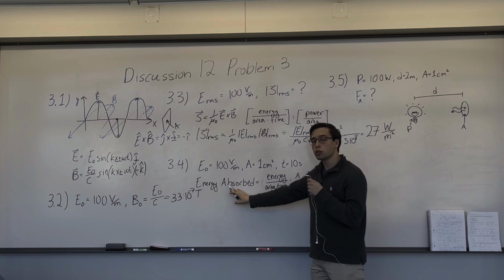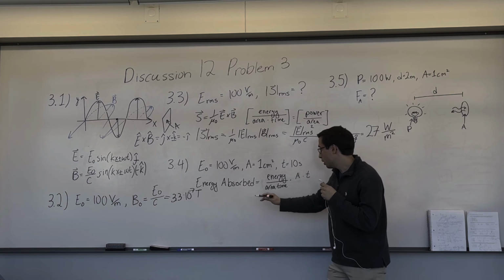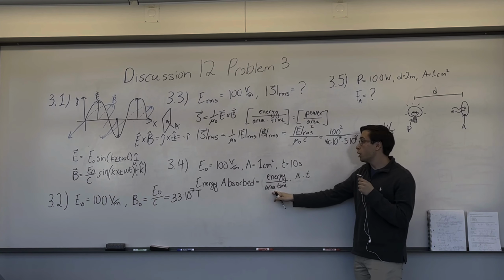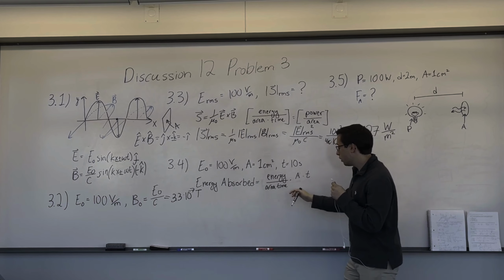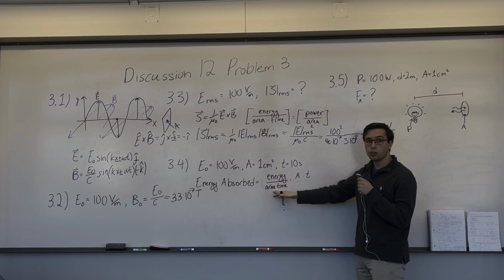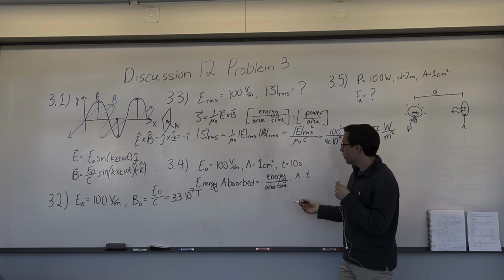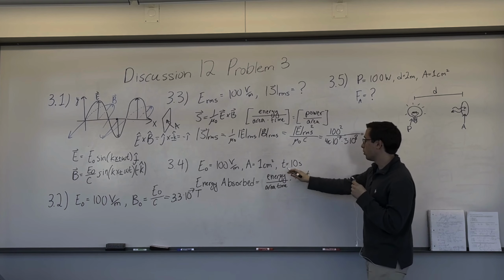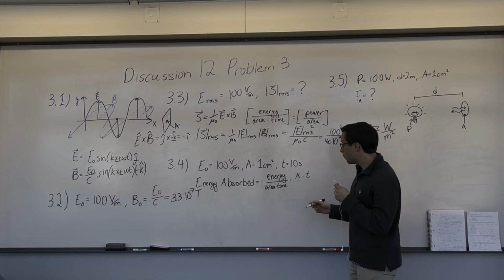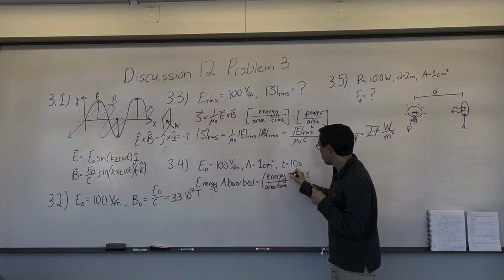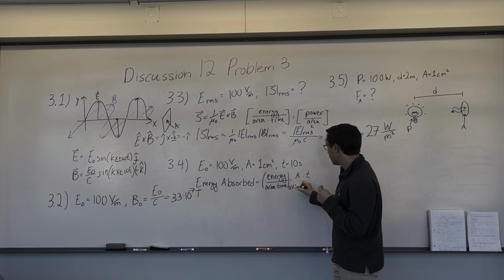again, here we're looking for a constant value. But this thing here, remember, it oscillates in time, right? So this value here is going to be changing in time. And so since we're waiting for 10 seconds, which is many, many oscillations, what we really care about is the average, right?